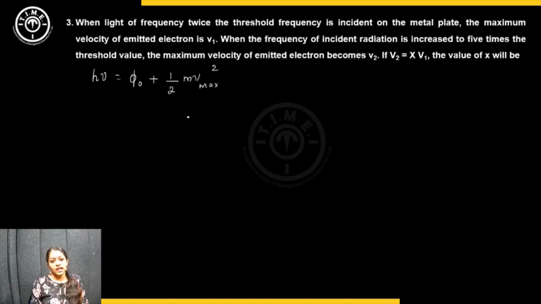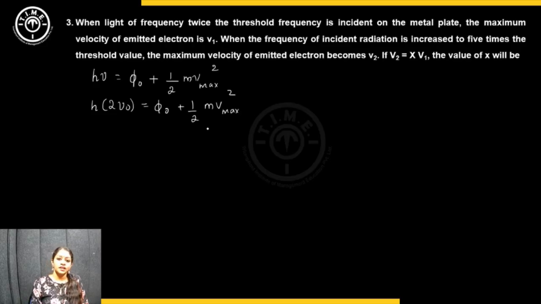Also, it is given that the incident radiation has a frequency twice the threshold frequency, so in place of nu, I am going to substitute 2 nu 0. So you got the first equation like this.